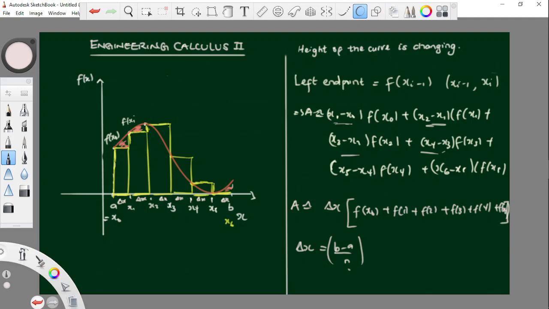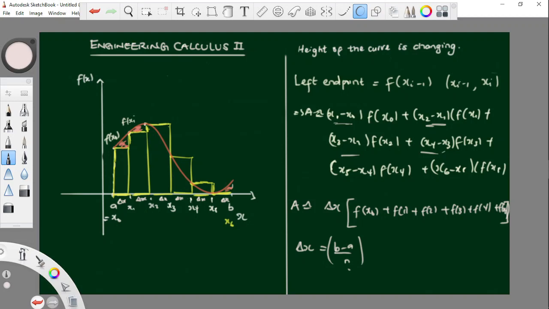So if our delta x is very small, we have better results. Sorry if I squeeze your ears, just trying to lay emphasis there. Since we want our delta x to be small, our n is becoming large. So the more rectangles you have, the better your approximation is going to be. And you can test this out for a lot of things, as we're going to do going forward.